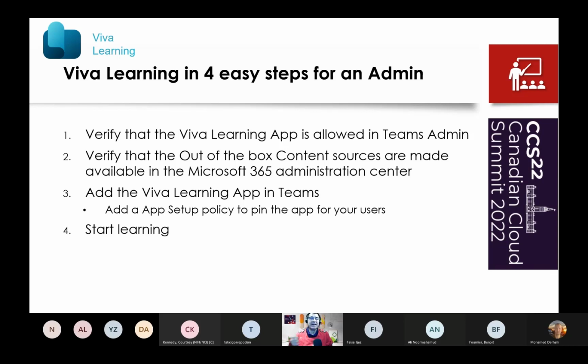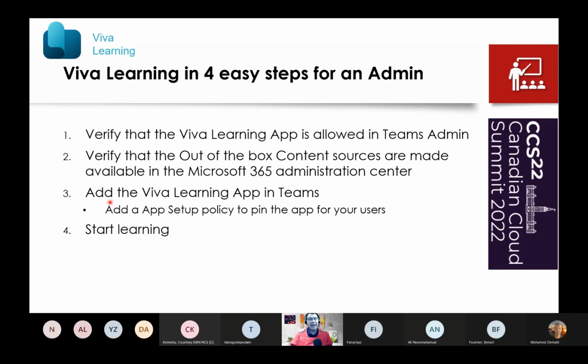So it's four easy steps. Connect to the tenant and make sure that the Viva Learning app is allowed in the Microsoft Teams Admin Center. Verify that the out-of-the-box content sources are made available in the Microsoft 365 Admin Center.